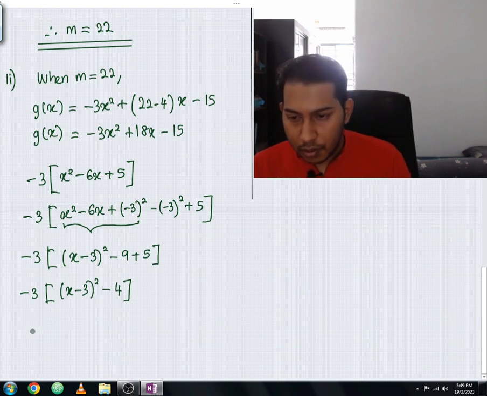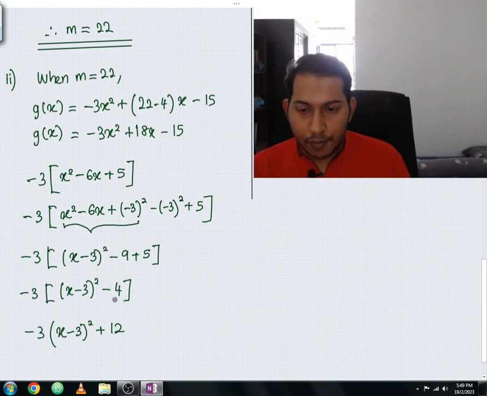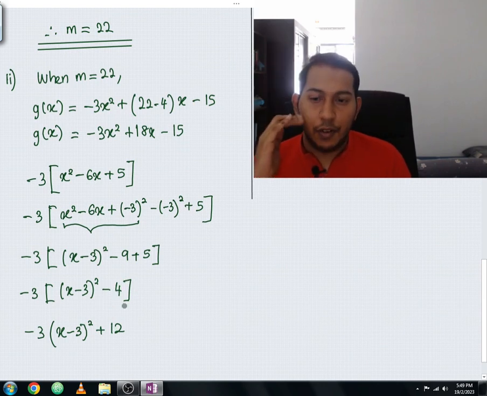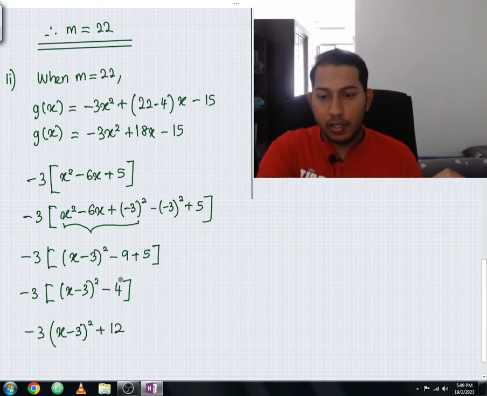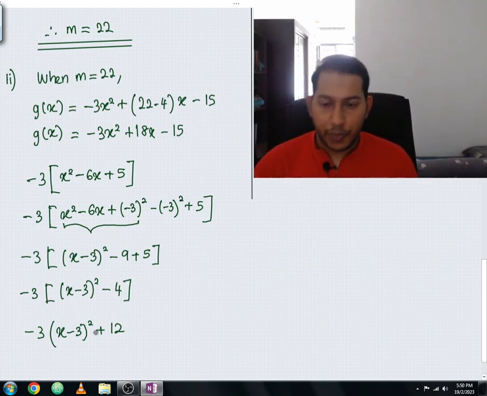So from here, you should get negative 3 bracket x minus 3 squared plus 12, and that's how we get from negative 4 into positive 12, because this negative 3 you times back into this square bracket.